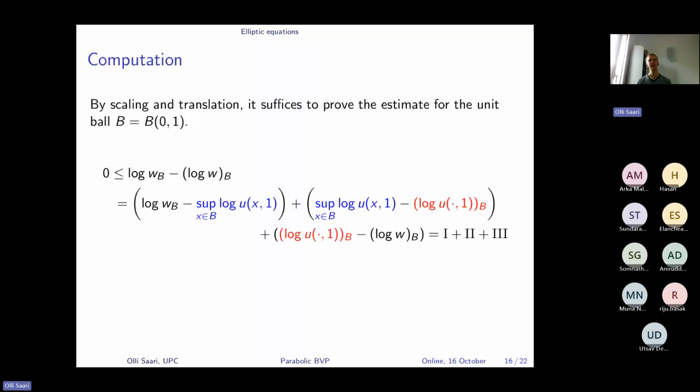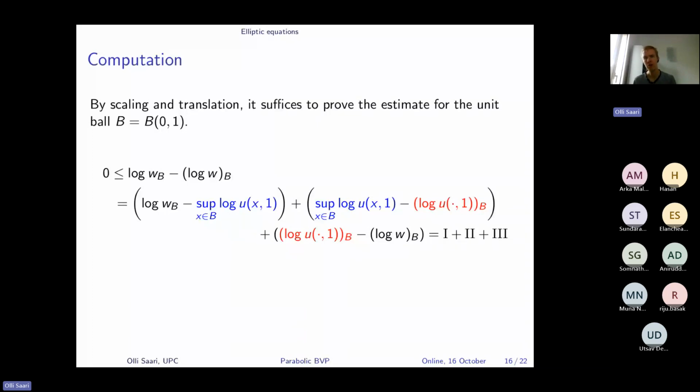So now we add and subtract some terms. So from the logarithm of mean value at scale 1, we compare the logarithm of heat mean value at scale 1, and we take the supremum just to make this quantity smaller. When we take the supremum, we have to pay.